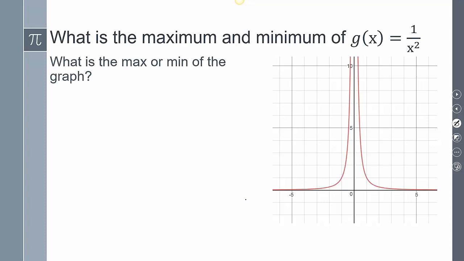Looking at this one, what is the maximum and minimum value of this function? What is the max or min of the graph? Just looking at that blanket statement here, we know that this is asymptotic. And because this is asymptotic, we know that this is going to go up forever to infinity. So there is no maximum.